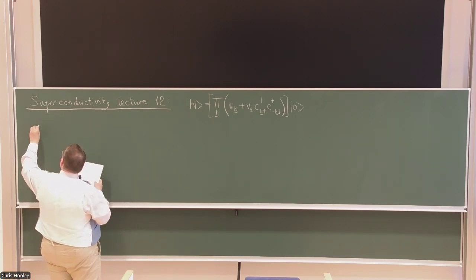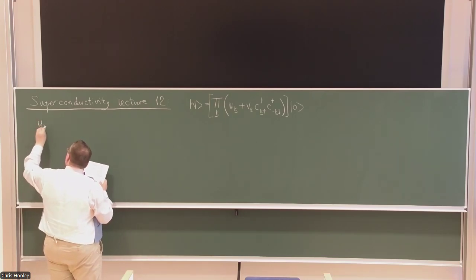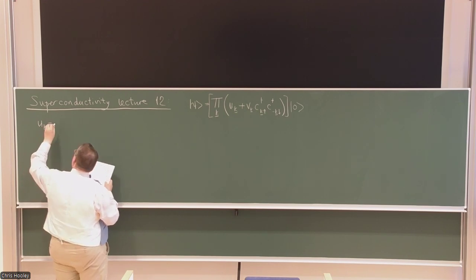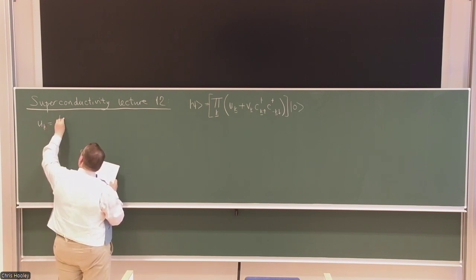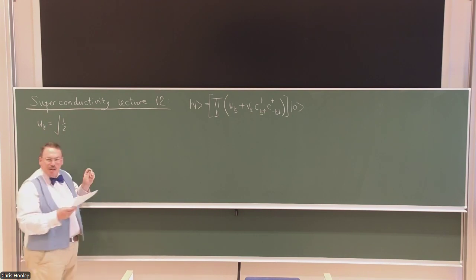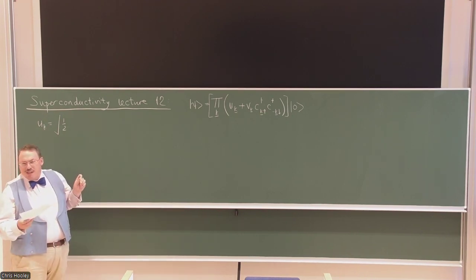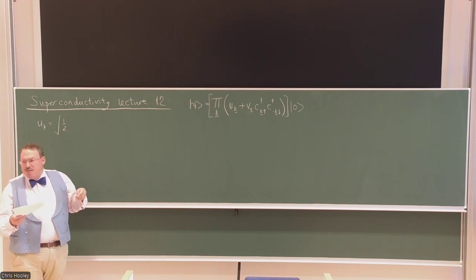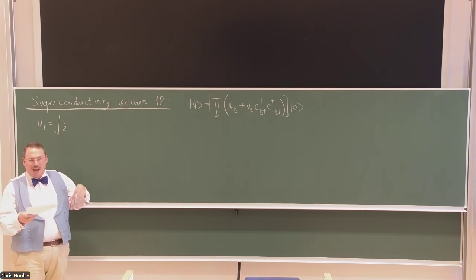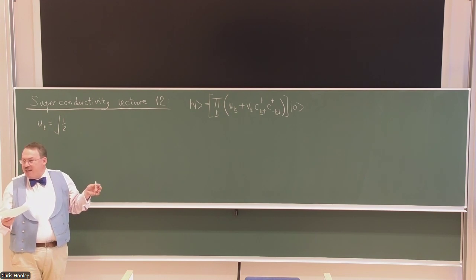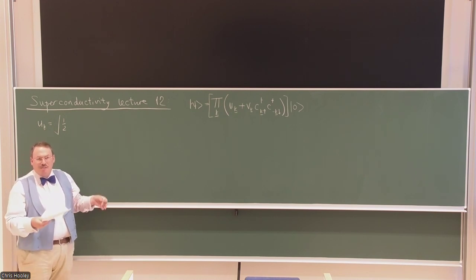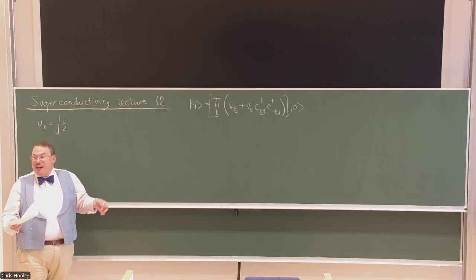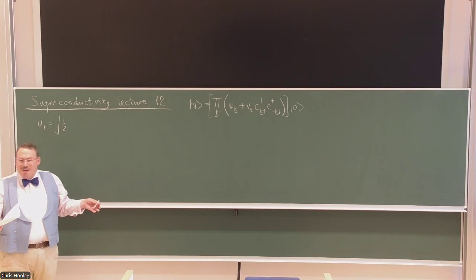So what did we have for these U's and V's? I'm not sure we actually wrote this in the notes when we did the BCS solution, but it follows, so remember we minimized the energy with respect to variations of these U_k's and V_k's. We got an equation out of that that gave us the gap. Also contained in that solution are the actual values that U_k and V_k take at every k.